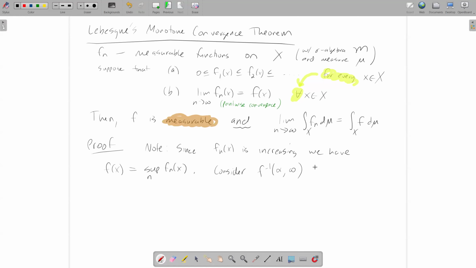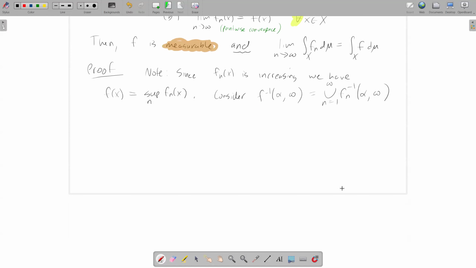And this is basically equal to the union, n equals 1 to infinity, of Fn inverse of the very same interval. Okay, so how do I prove this? Let's go in the two directions.